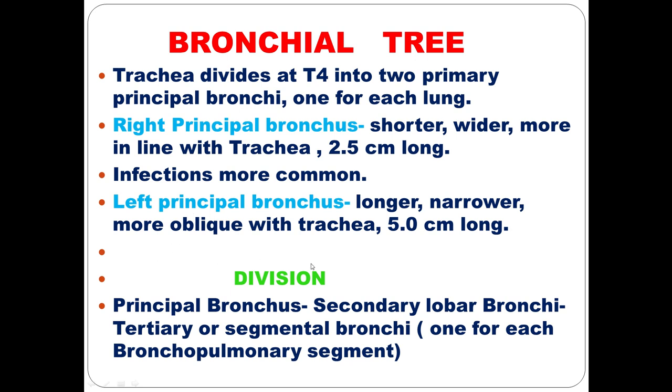Now if you see the division of the bronchial tree, there is a principal or primary bronchus which subdivides into secondary, which subdivides into tertiary, also known as segmental bronchi. And these are the bronchi for the bronchopulmonary segments, one for each bronchopulmonary segment.